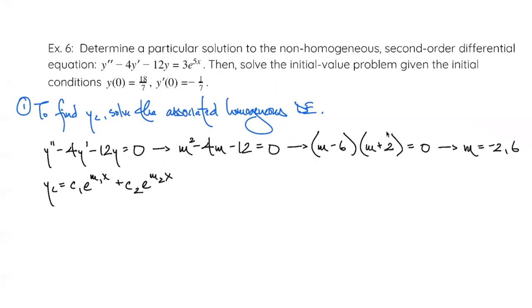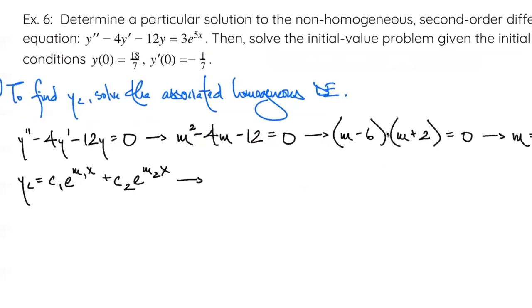Now one thing I notice is that the equation you have is great if we had repeated roots, but we actually have distinct roots, and so we want to choose a different form. We don't have an x in this one, but rather we're going to have both roots and just e to some power. All we need to do is plug in our roots. So we get y sub c equals c1 e to the negative 2x plus c2 e to the 6x.